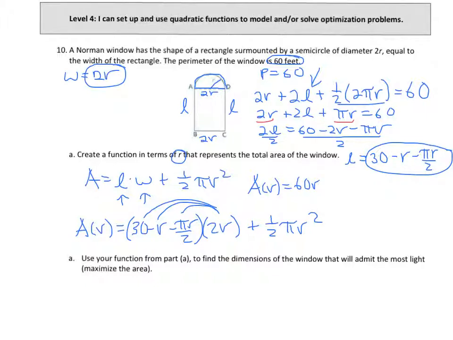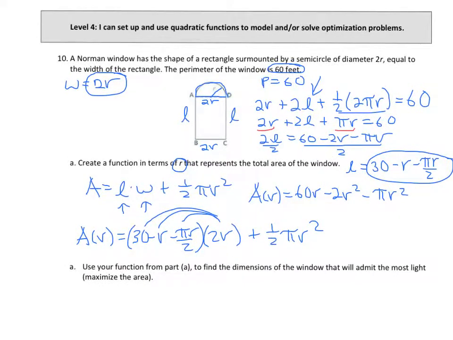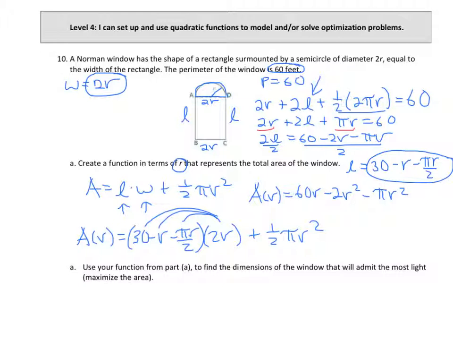And so we get A of r equals 60r minus 2r squared, and then minus pi r squared. The 2 and the 1/2 would cancel. Then we add on that 1/2 pi r squared.